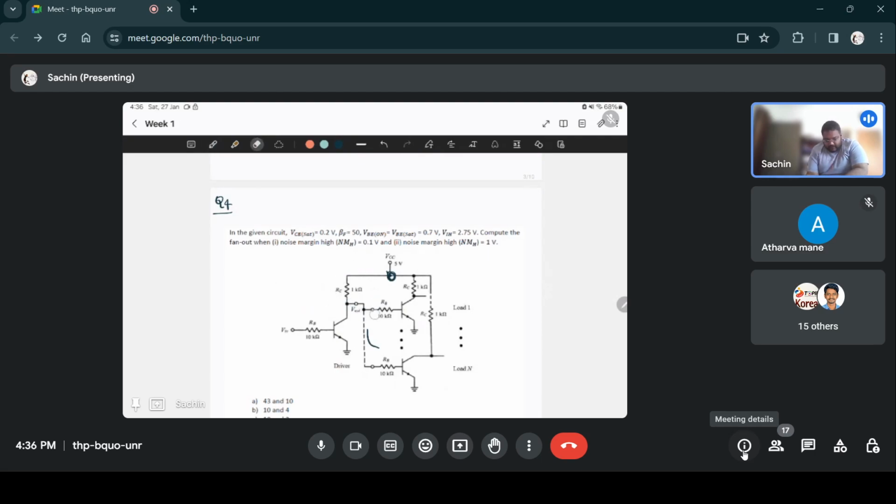And since all these load transistors are symmetric, of equal value, with RB being 10 kilo ohms, and we also assume that the BE drop is the same for all these transistors, the same current will get divided and flow into each of these load transistors.